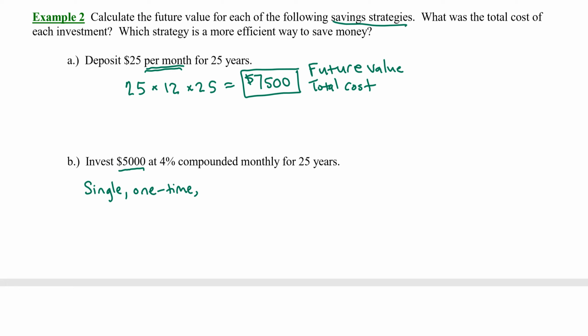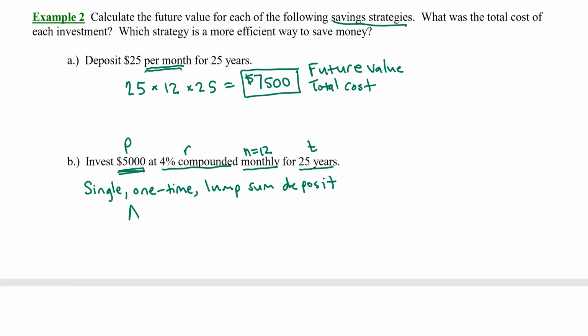Maybe you have an excellent tax return one year, or maybe you have some sort of insurance settlement, or maybe you have some sort of inheritance, and you decide to take this lump sum and put it in the bank at 4% compounded monthly. So that means N is 12 times per year, and you're going to do this for 25 years.